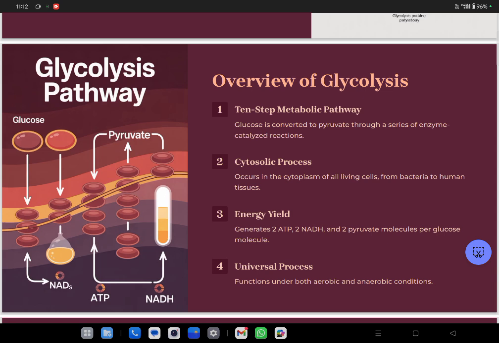It's interesting that actually 4 ATP molecules are formed, but 2 are utilized in glycolysis. So the net gain is 2 ATP molecules, and it's a universal process. It takes place in all organisms, from plants to animals to bacteria.